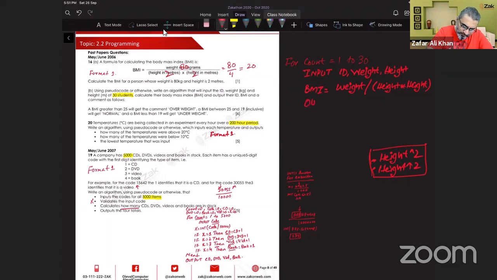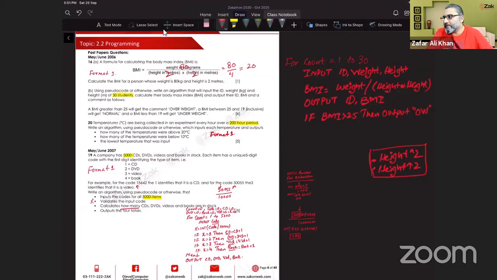So output ID, BMI, and comment as follows. If BMI is greater than 25, then output overweight.